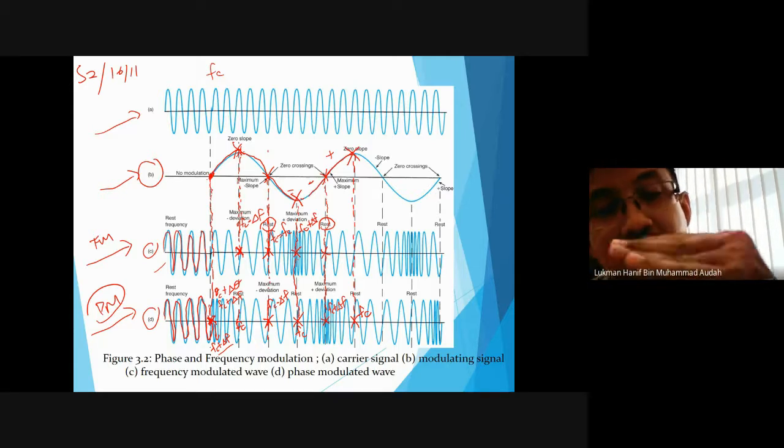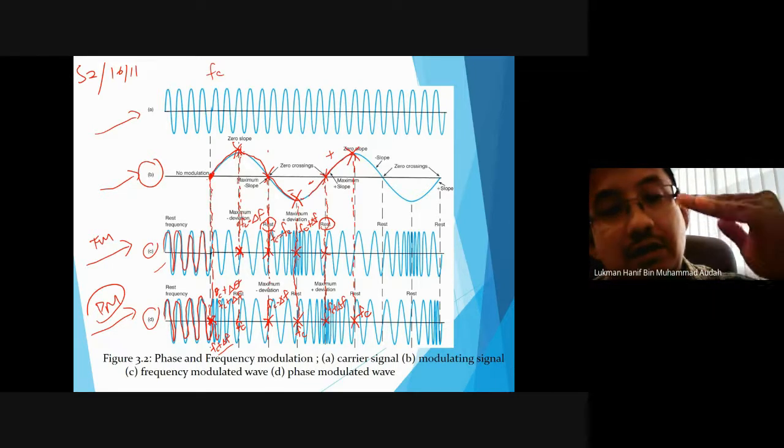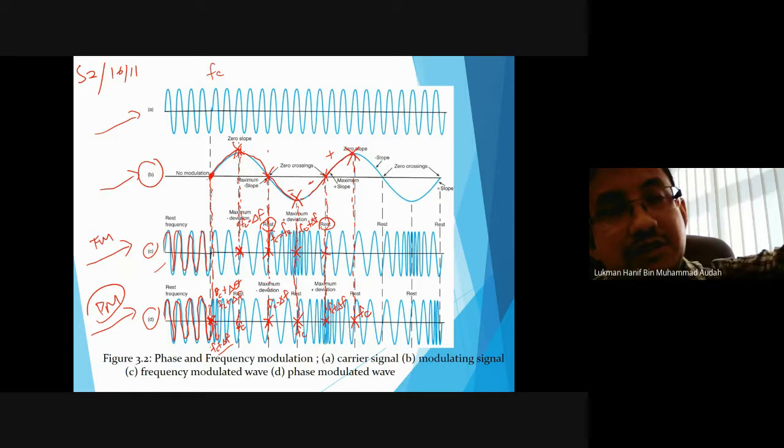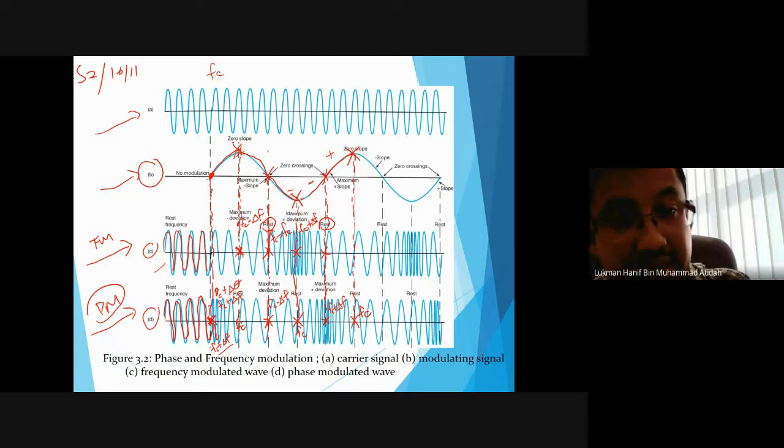Itu FM. Kemudian untuk PM, gelombang phase modulation ini mengalami perubahan yang ketara semasa VMT bergerak daripada positif ke negatif ataupun daripada negatif ke positif polarity.